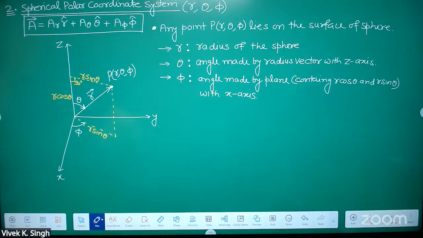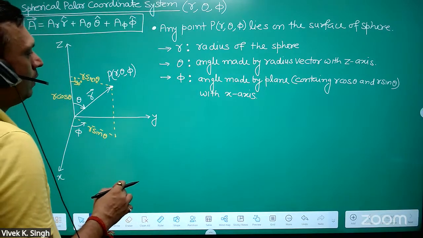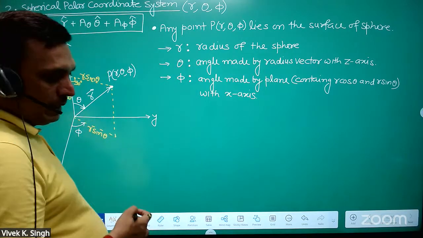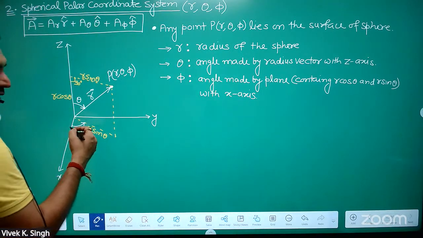Now let's show the direction of the unit vectors. By definition, unit vectors are always in the direction of increasing coordinates.